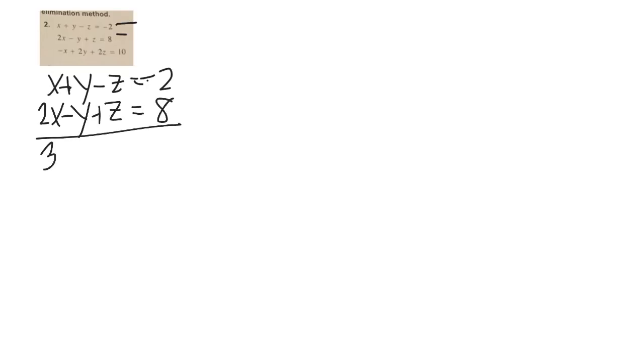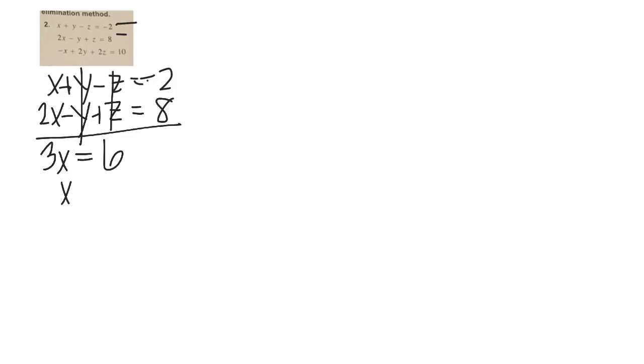x plus y minus z equals negative 2, and 2x minus y plus z equals 8. So I get 3x, my y's equal 0, my z's equal 0, 3x equals 6.